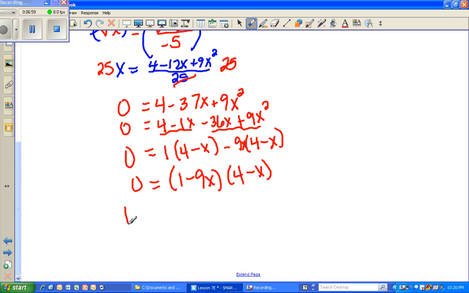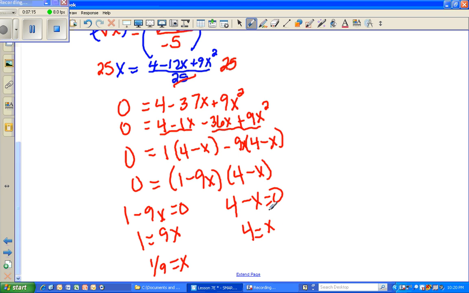So if you set each of these factors equal to 0, you're going to get 1 equals 9x, so 1/9 is equal to x, and you're going to get 4 minus x equals 0, so 4 is equal to x.